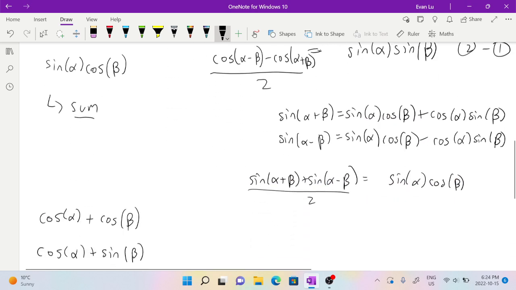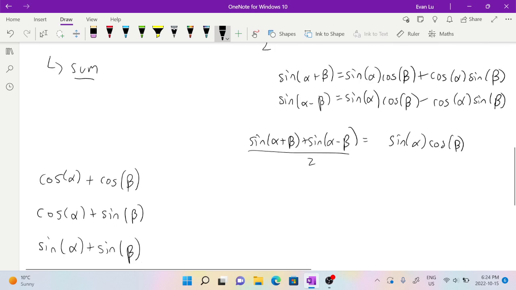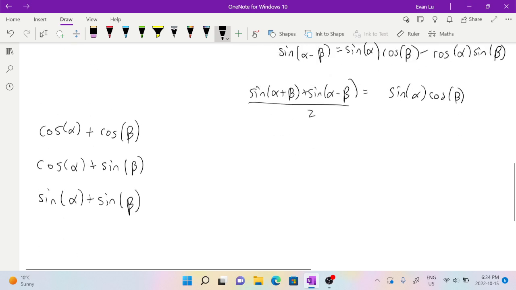And the reason why is because the cos expansion formula will give us a cos cos and a sine sine, but the sine expansion formula will give us a sine cos and a cos sine. So this is actually not a great way to combine this cos and sine here, so we're just not going to look at it for now.